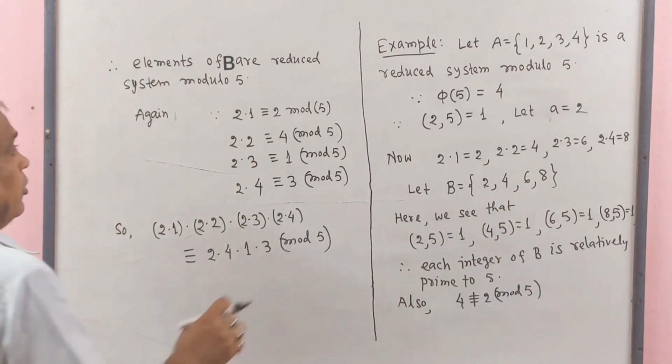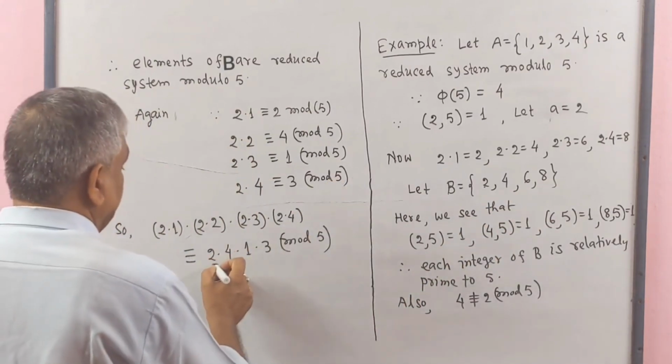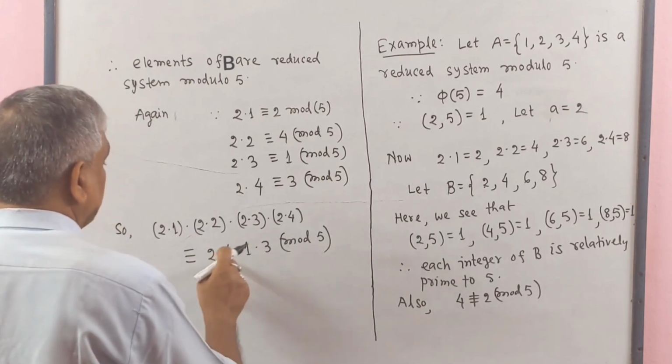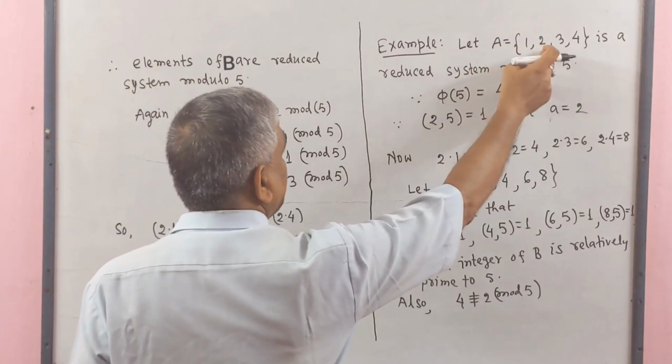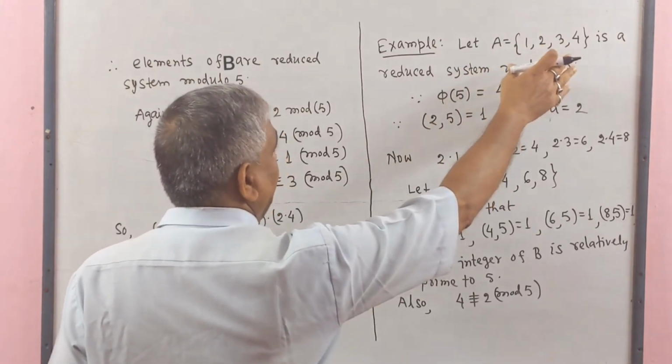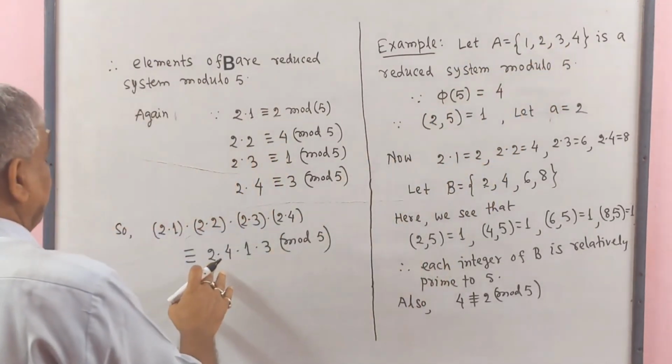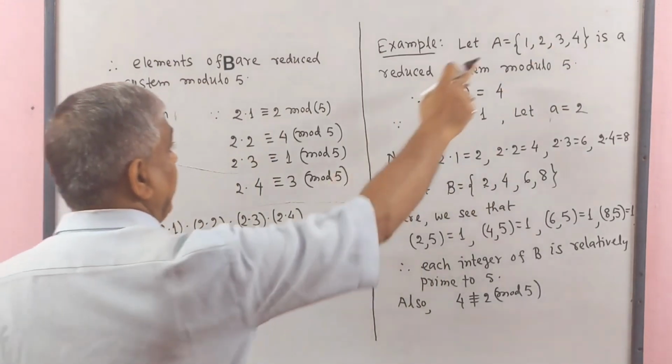So these numbers 1, 2, 3, 4 are the same as elements of A, but not in the same order.